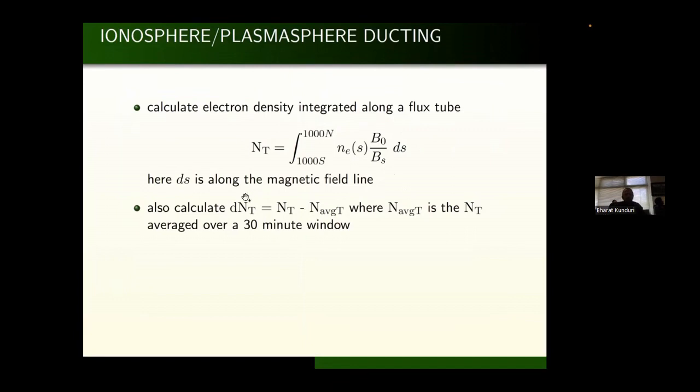The second thing is to calculate fluctuations. You can calculate this dNt here, where we take this integrated density and subtract off an average density where the Nt is averaged over a 30-minute window. So you have these fluctuations, then you average, and then you subtract to highlight the fluctuations.